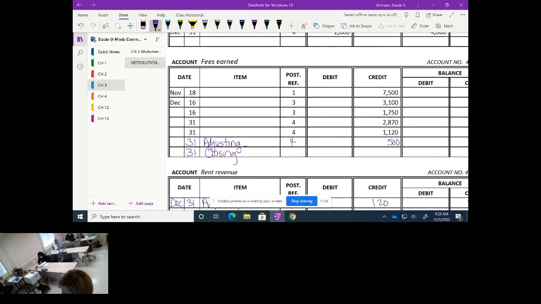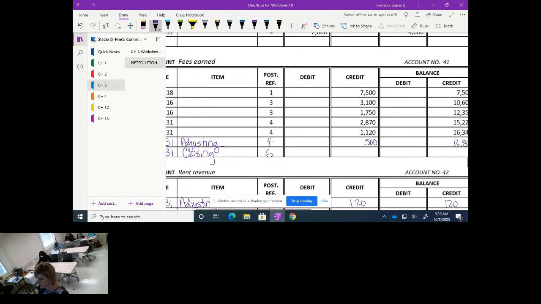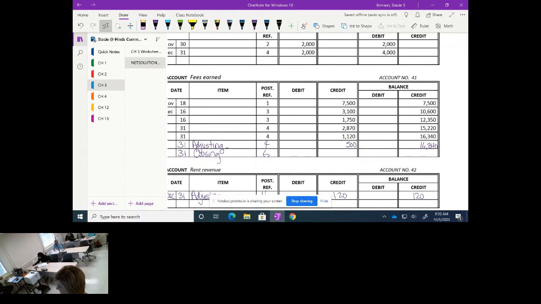This is the only time we write anything in the item column: adjusting and closing. Put a 6 because that's where our entry is coming from. And we debited fees earned for 16,840, right?